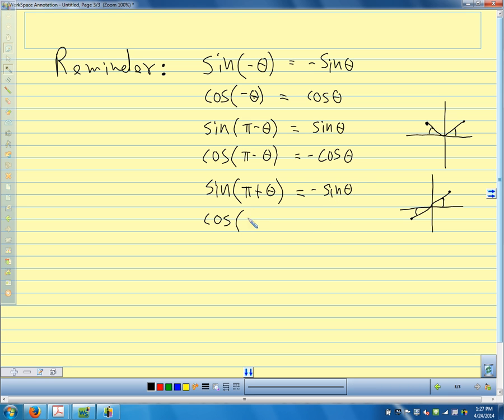And the cosine. This one's positive. That one's negative. So those little reminders will help you when you're doing your test for symmetry. We plug in those tests, then we simplify, and we see if our equation is the same.